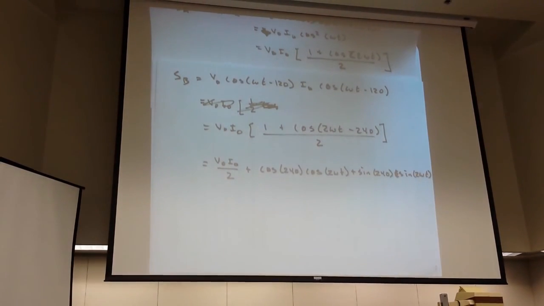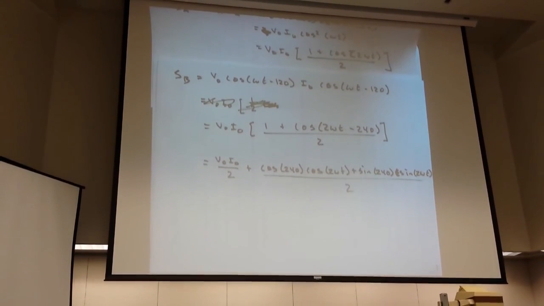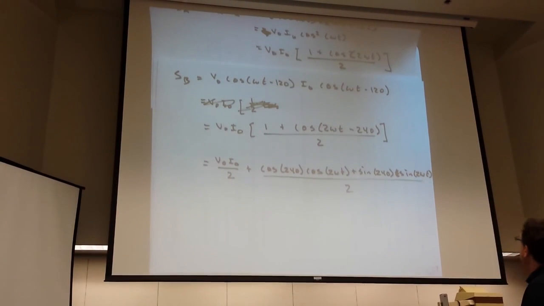Right? I think I got my trigonometric identity correct. All over 2, of course. So I just applied some trigonometry, cosine of two arguments. The V naught I naught out front, sure.